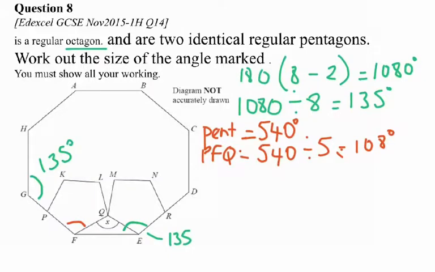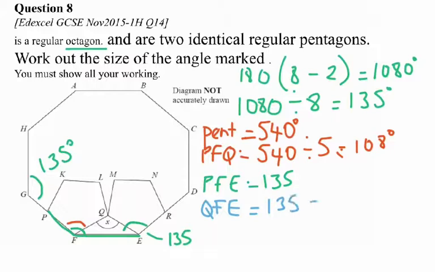Okay, so I know that angle, if I go back to my green, I know that angle PFE, which is that angle there, PFE is 135, and PFQ is 108. So for me to be able to work out angle QFE, I'm simply going to do 135 take away 108.